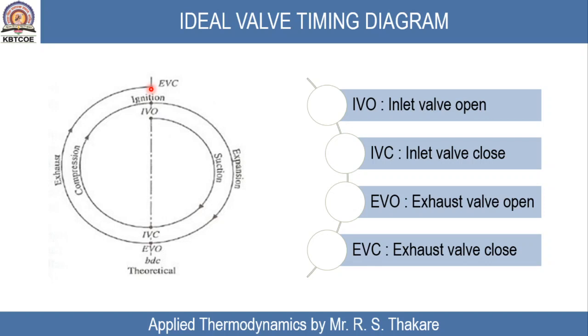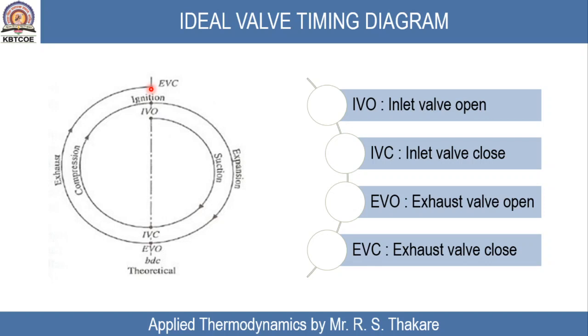In this way there will be opening of the inlet valve for 180 degrees, and opening of the exhaust valve during 180 degrees. As per the ideal valve timing diagram, there will be opening of the inlet valve before the suction stroke, whenever the piston is at top dead center. There will be opening of the exhaust valve before the exhaust stroke, whenever the piston is at bottom dead center, and there will be closing of the inlet valve and exhaust valve after 180-degree rotation, that is after completion of that stroke.